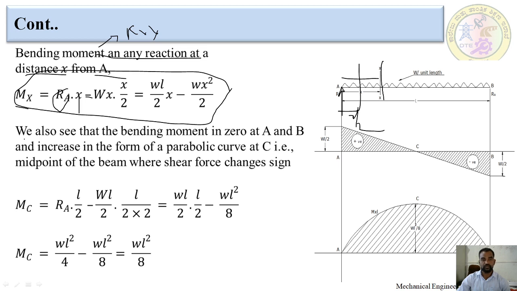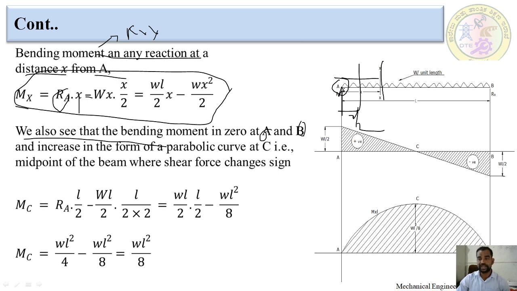Now we also see that in this diagram the bending moment is 0 at A and B. This is a very important point you have to remember while doing problems in successive sessions. What is that condition we have to remember? Always remember the bending moment at the support.